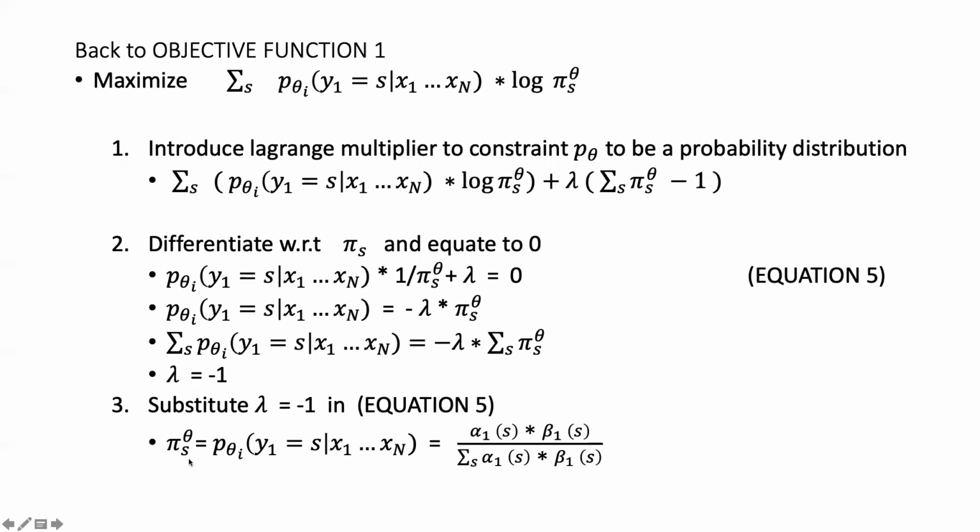The initial estimate is given by alpha 1 of s times beta 1 of s divided by the normalizing constant. What this means is that it indicates the expected frequency of being in state s at time t1.